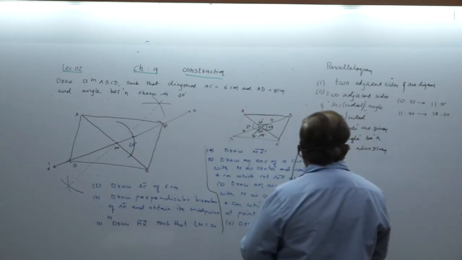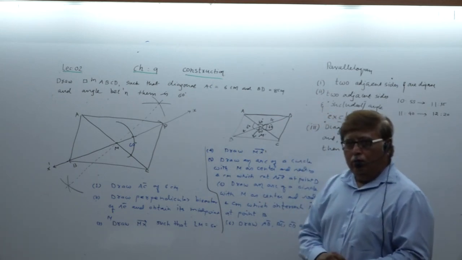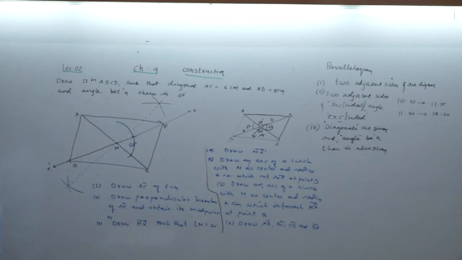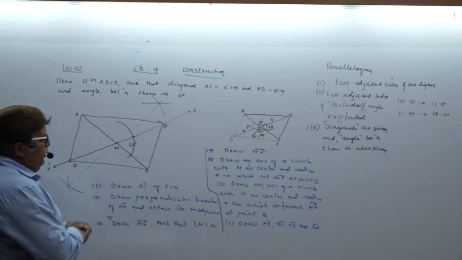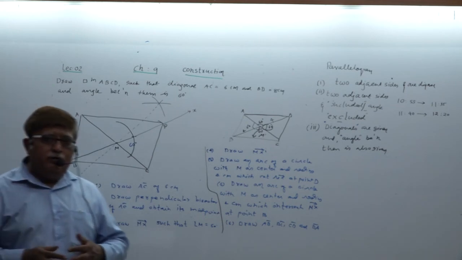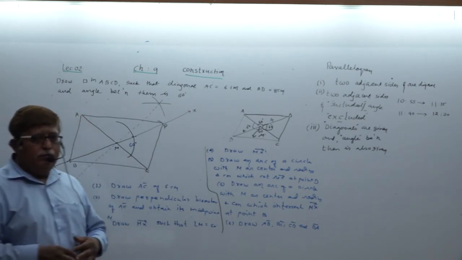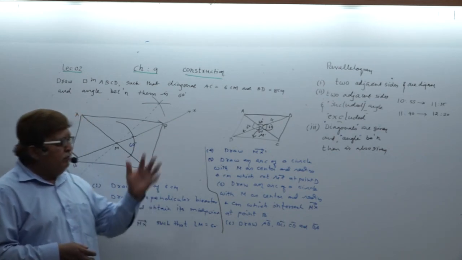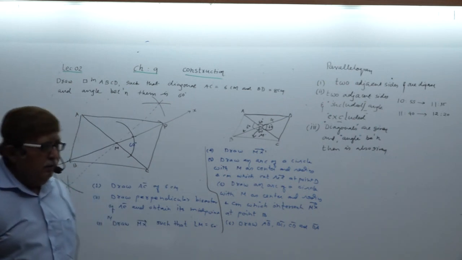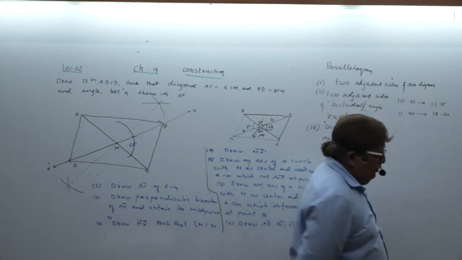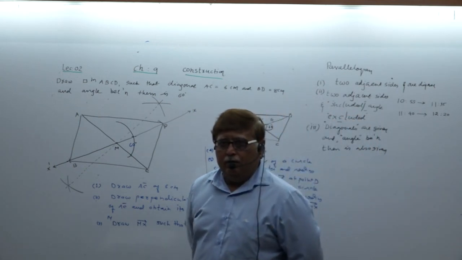First, precisely observe all three types of parallelogram which we have seen. We have taken three types of construction of parallelogram where all three properties got utilized. The first property was utilized in type 1 construction, when two adjacent sides and one diagonal are given.